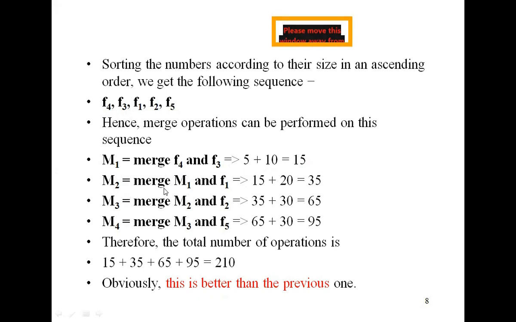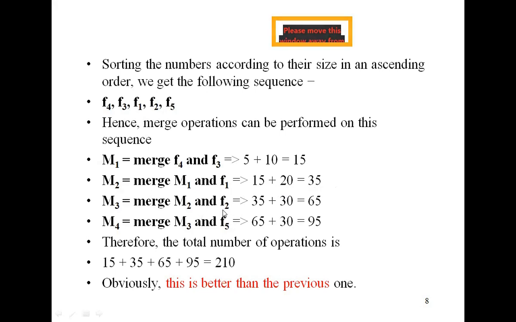Now merge the result, that is M1, with the next file F1. M1 is 15. The size of the file F1 is 20. Now add these two, 15 plus 20, that is 35. That is M2.